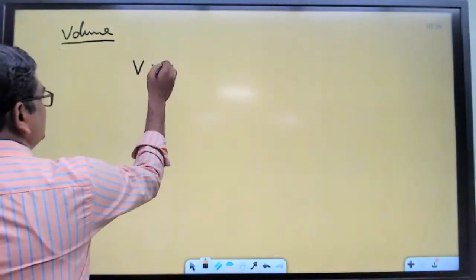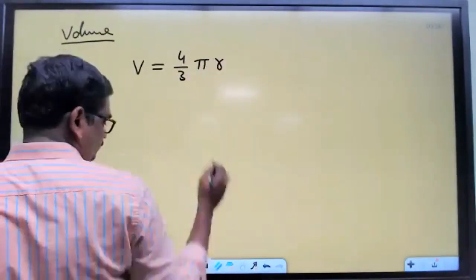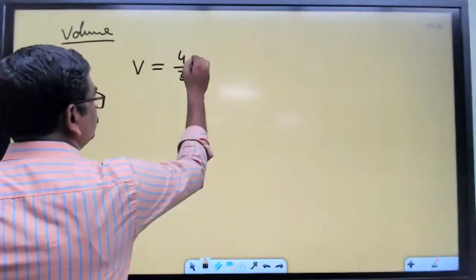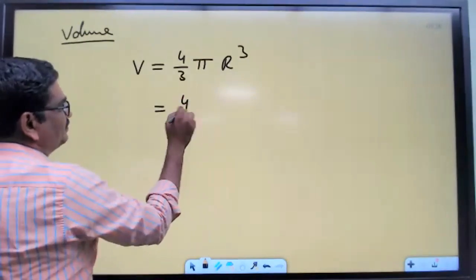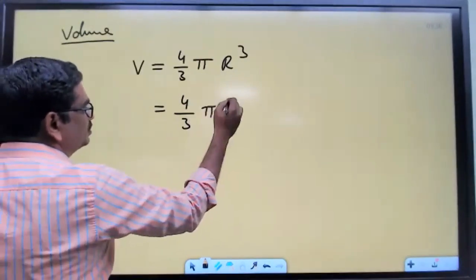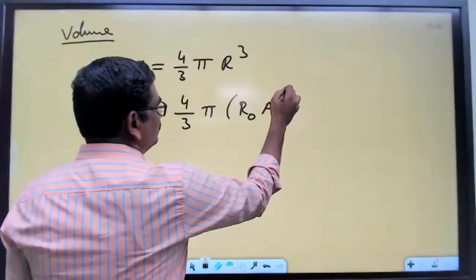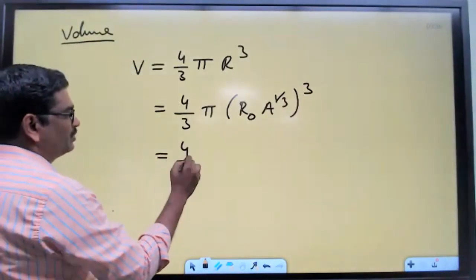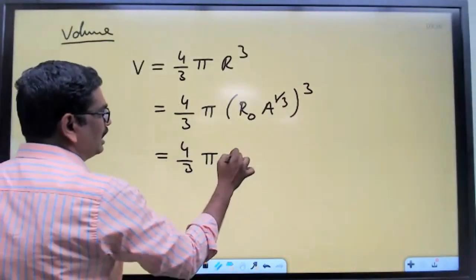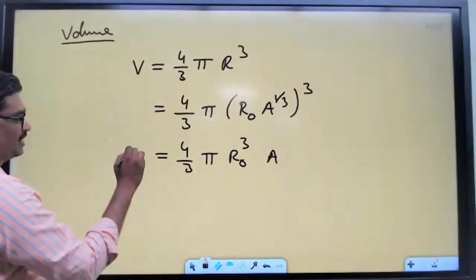Volume of a sphere is 4/3 pi r cube. So substituting the radius formula, 4/3 pi into R naught into A power 1/3 whole cube. Solving further, 4/3 pi into R naught cube into A. This is the formula for volume.